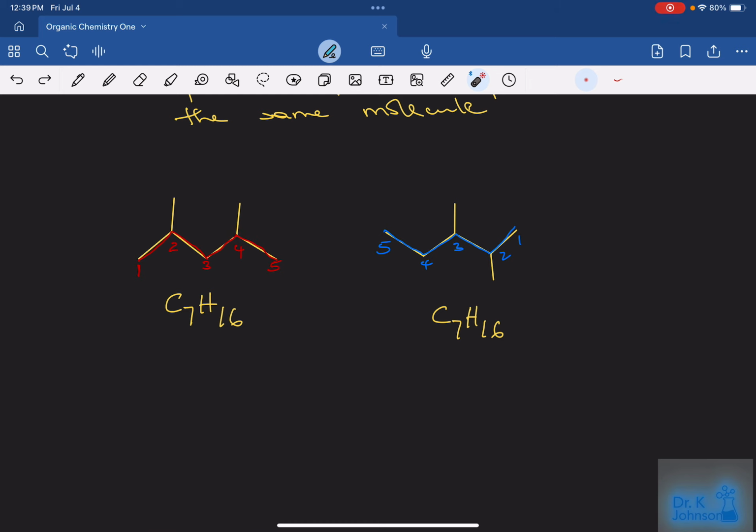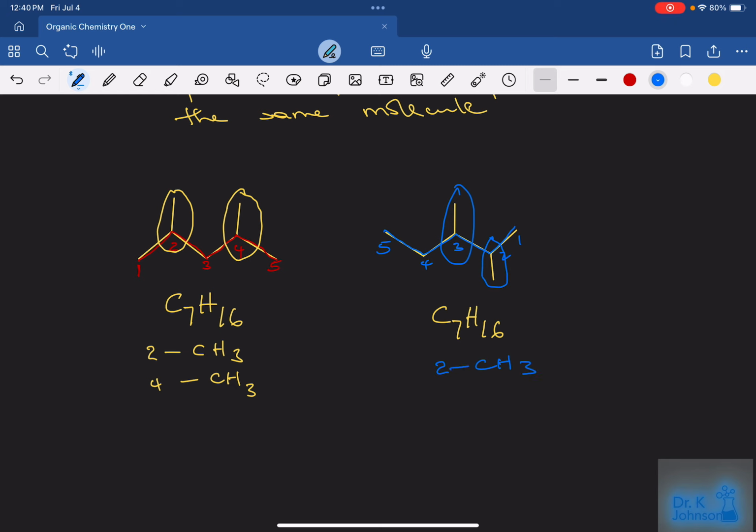But over here on carbon 2, I have a CH3 group. On carbon 4 here, I have a CH3 group. So I have a methyl group on 2 and a methyl group on 4 in this molecule. Come over here. On carbon 3, I have a methyl group, and on carbon 2, I have a methyl group.